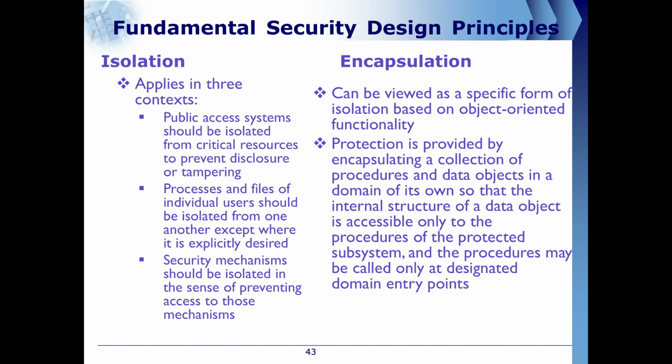Encapsulation can be viewed as a specific form of isolation based on object-oriented functionality. Protection is provided by encapsulating a collection of procedures and data objects in a domain of its own, so that the internal structure of a data object is accessible only to the procedures of the protected subsystem, and the procedures may be called only at designated domain entry points.